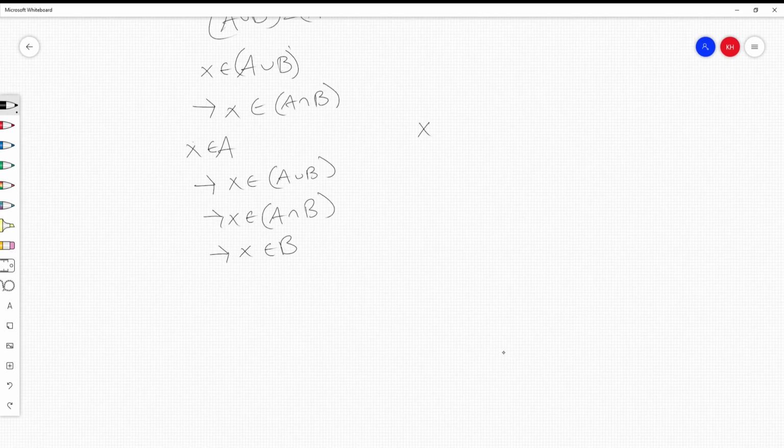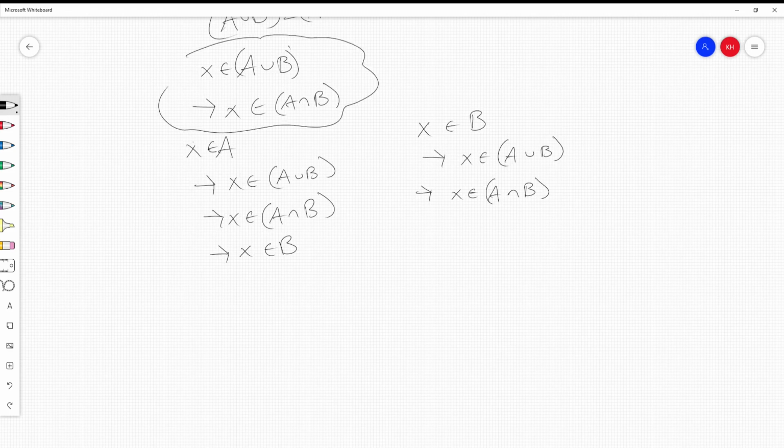So if we do that real quick, X is an element of B. This implies that X is an element of A union B, which implies that X is an element of A intersection B. And we're getting this because of this part up here again, which is going to imply that X is therefore an element of A.